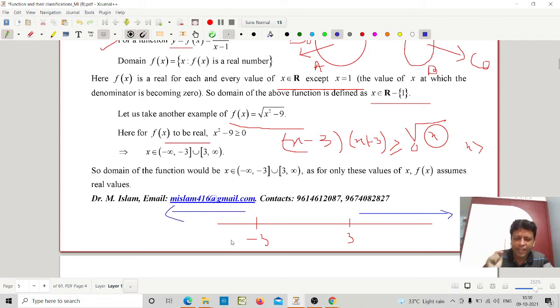Any point to the left of and including minus 3, or to the right of 3, gives a positive value. Any number between minus 3 and 3, not including them, gives a negative value. So your domain is x belongs to minus infinity to minus 3, union 3 to infinity.